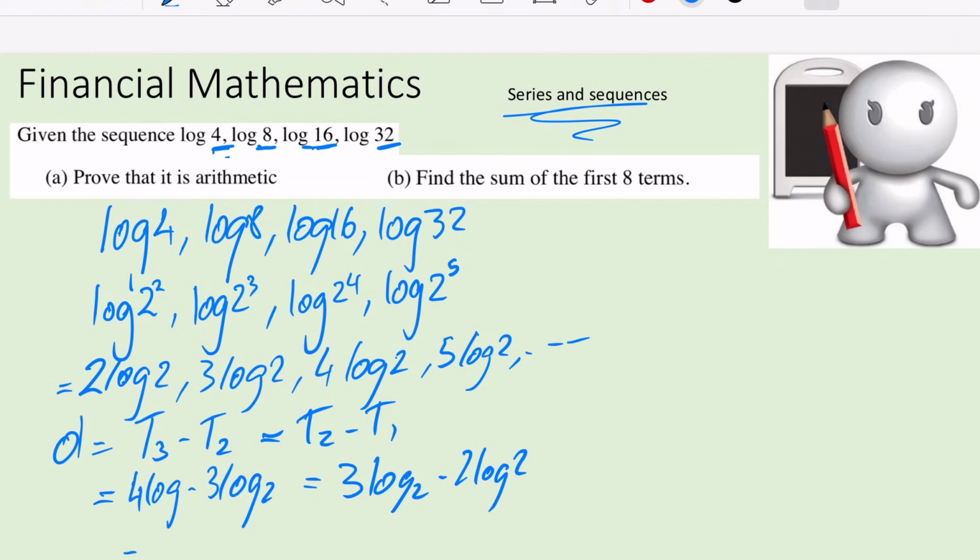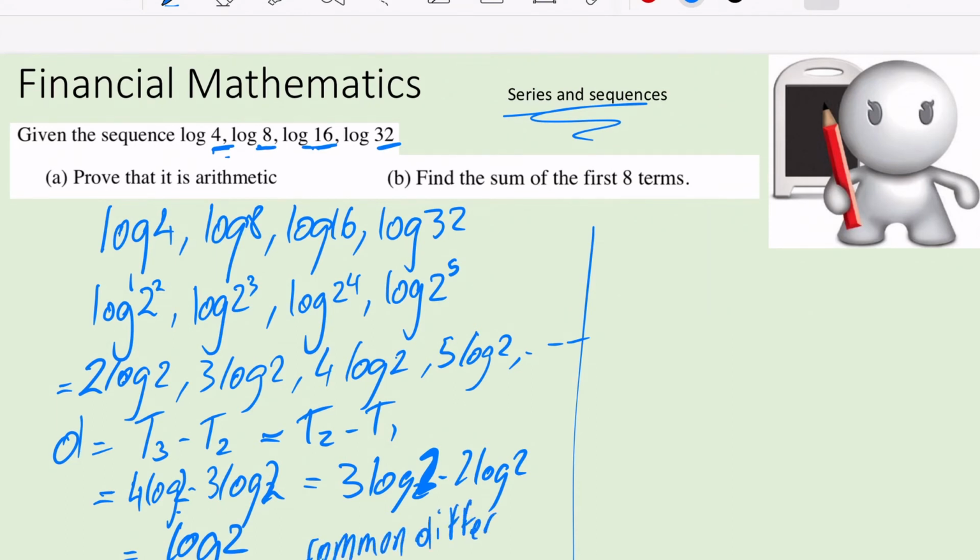And I go, well, yes, they are. They are all equal to the log of 2. So I do have a common difference, and hence it is arithmetic.